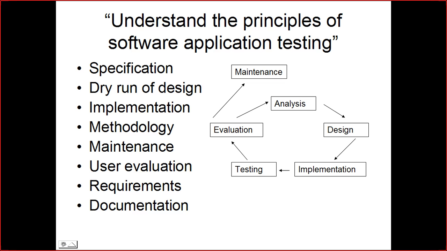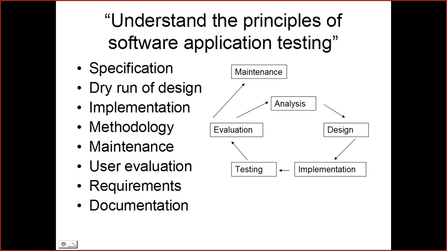So you create a version 1 project, you analyse it, design it, test it, evaluate it, and then you take what you've learned in the first version to put into the second version, i.e. that goes back round: analysis, design, implementation and so on. All the time you're building the second version, you're running maintenance on the first version. And there are 3 different kinds of maintenance that you can perform, which we're going to go through. Now what's interesting is the principles of application testing actually fulfill the criteria of the software development lifecycle.